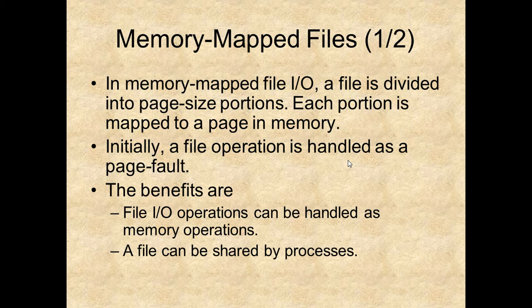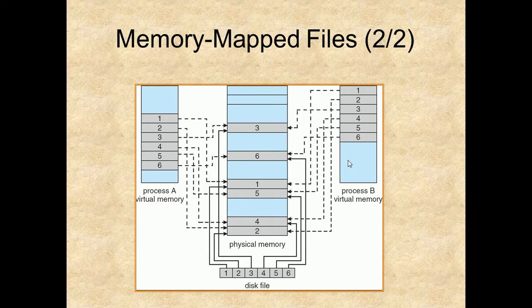A file can be shared by processes because we have shared memory, and if a file is mapped to memory, we can have two processes access the same file at the same time. Of course, you have to take care of the synchronization. So here is the idea.